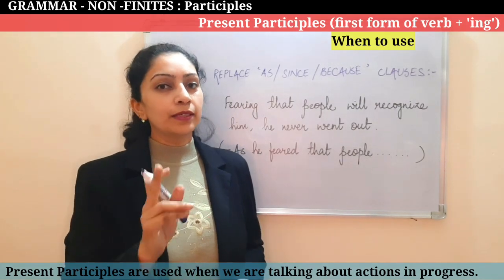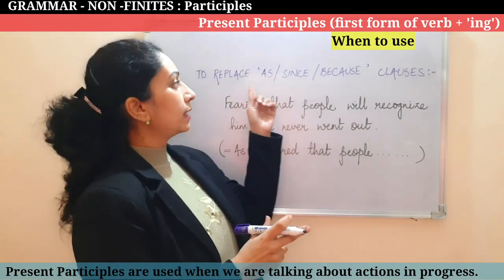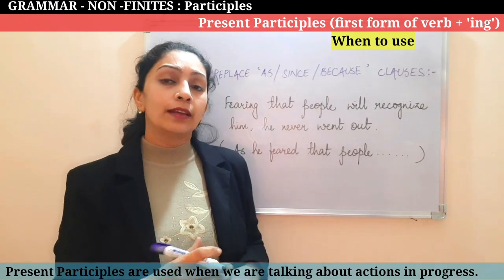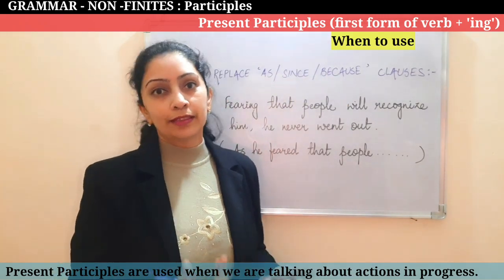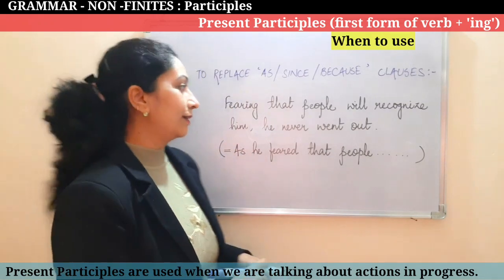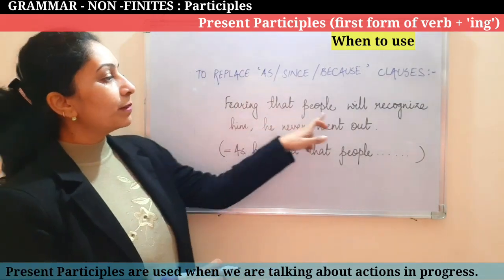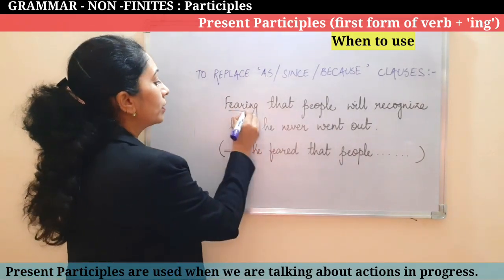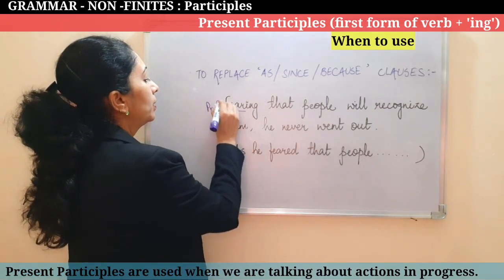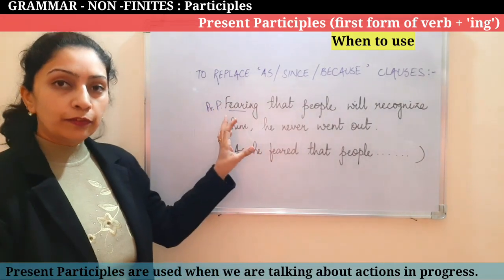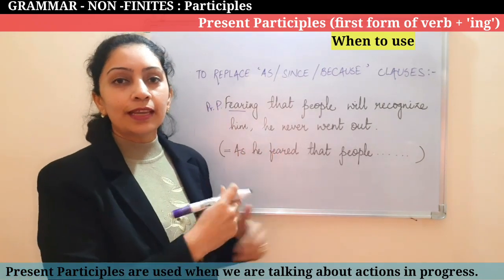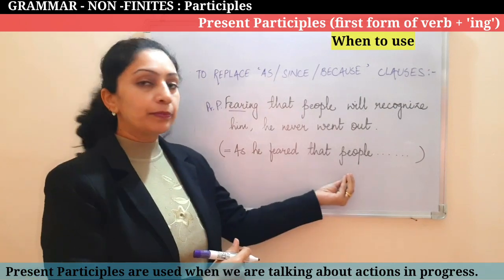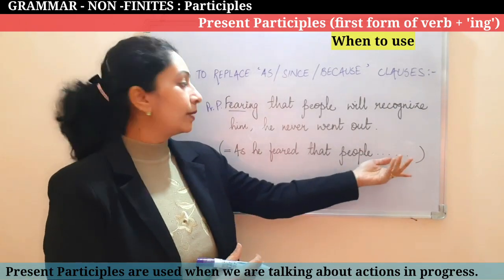A present participle can also replace clauses which start with as, since, or because. Like if you're giving reason clauses, then also you can use present participle there. Like here, fearing that people will recognize him, he never went out. Now here, fearing is again a present participle, but if you change this sentence, if we add, as he feared that people will recognize him, he never went out.